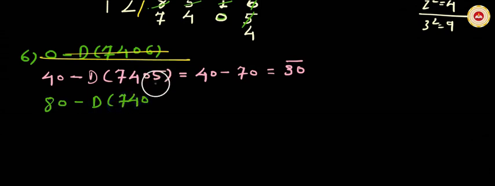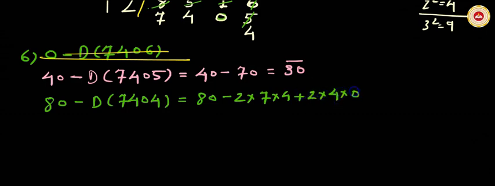7404. Now we have reduced this 5 by 1, so write 4 here. That means 80 minus, how to calculate duplex of 4 digits? 2 times the product of 2 end digits, plus the product of 2 inner digits. Correct? So this term is 0. So 80 minus 2 sevens are 14, 14 fours are 56, which gives us 24.